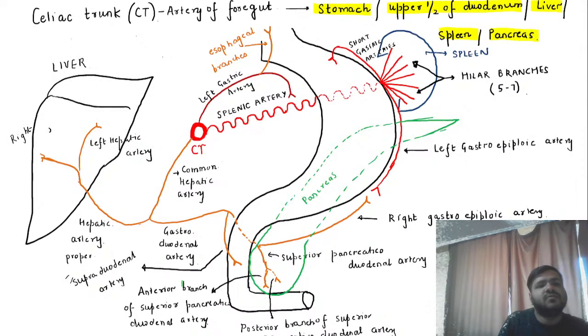It is divided into two. The hepatic artery proper is dividing into the left hepatic artery and the right hepatic artery.